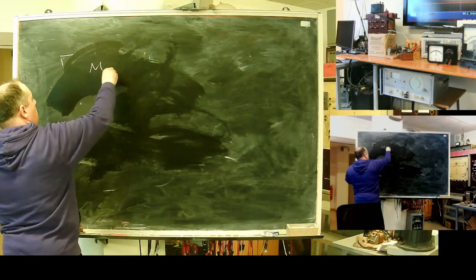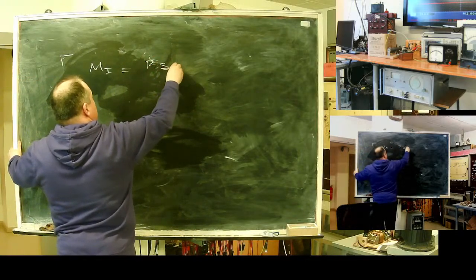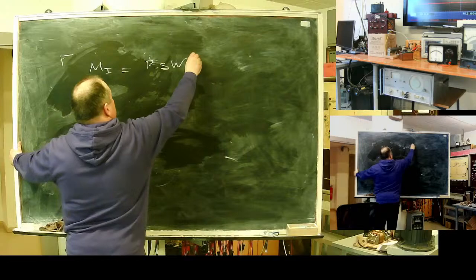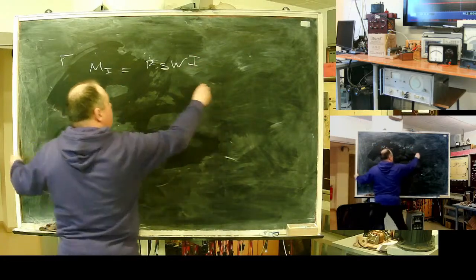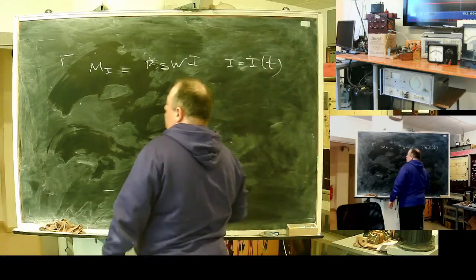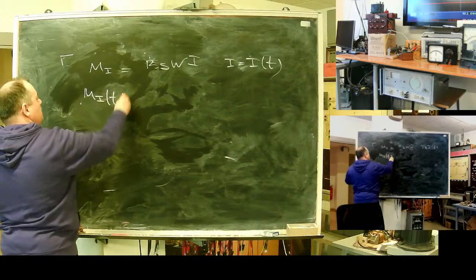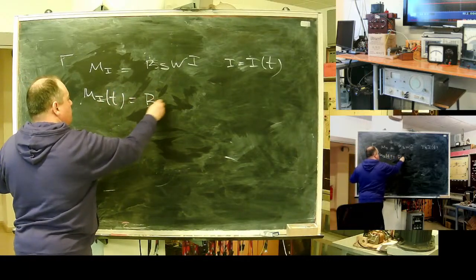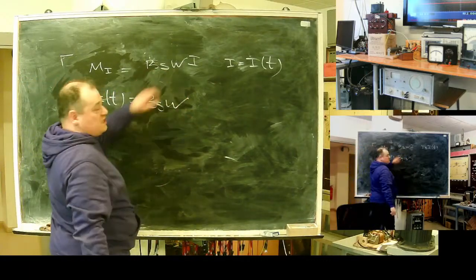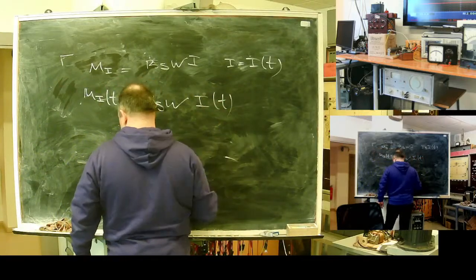The current moment is B S v times current. If current is actually a function of time, the current moment will be the same, because all this is independent from time.